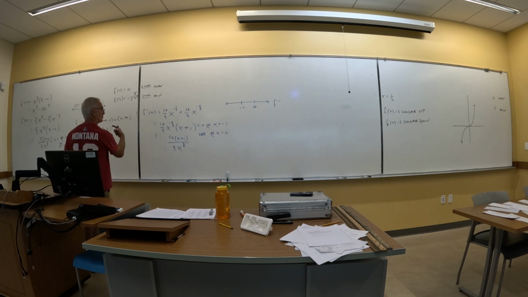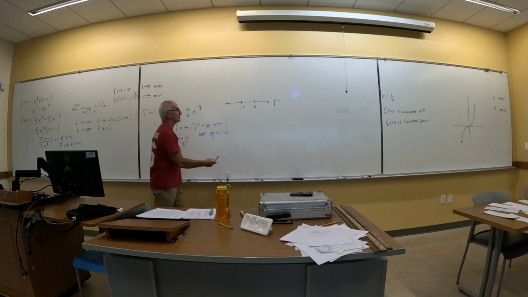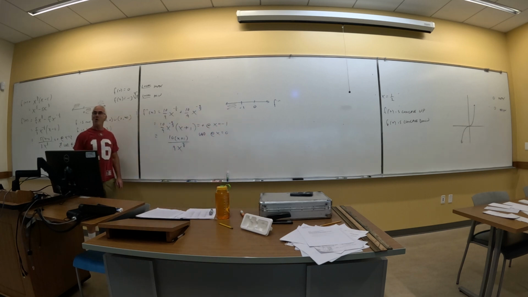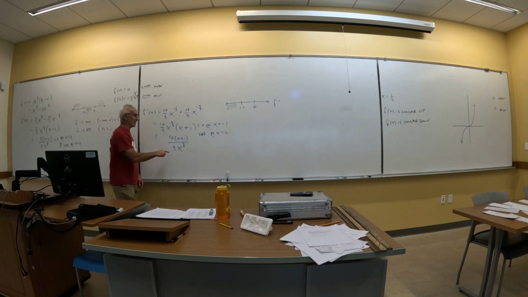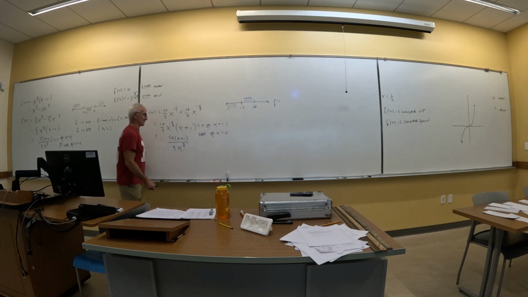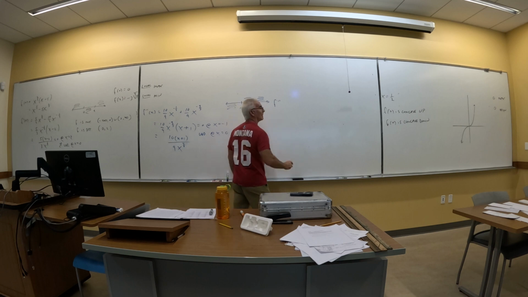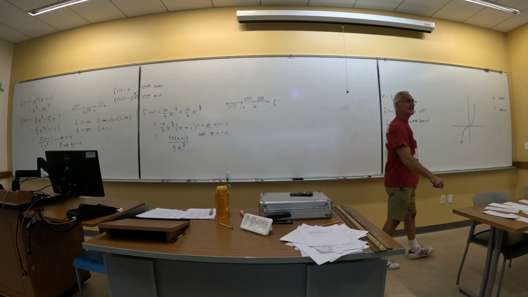So if I take a hugely negative number, then I'm negative over positive. If I take a small negative number, between negative 1 and 0, like negative a half, then that's positive over positive. Now, if I take any positive number, it's, again, positive over positive. Do I change concavity?